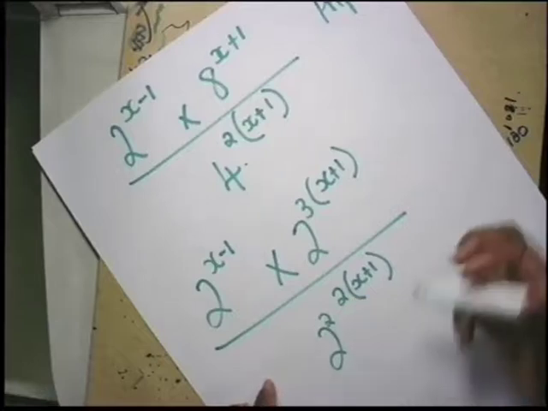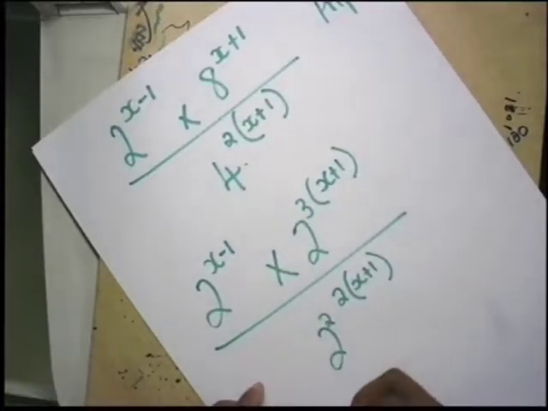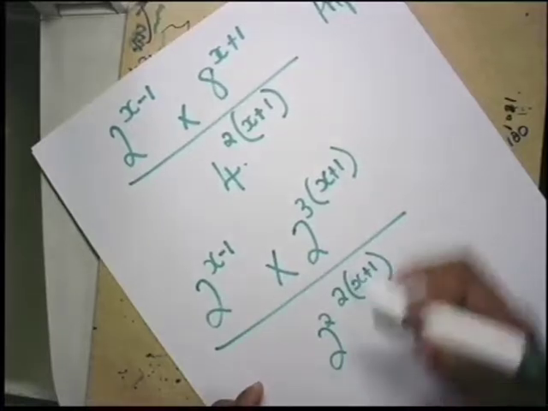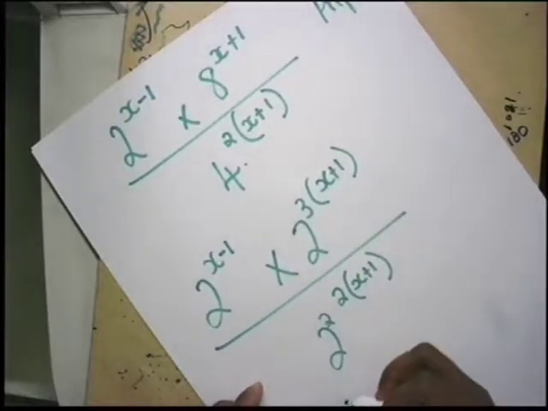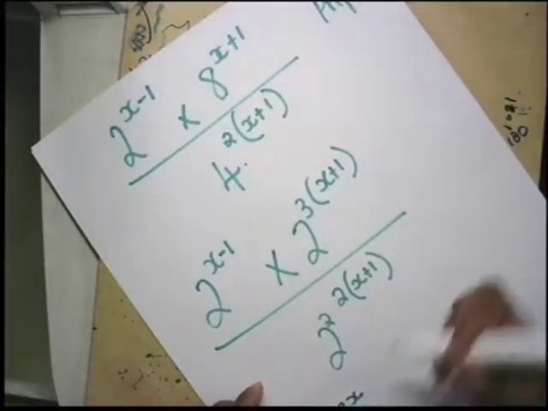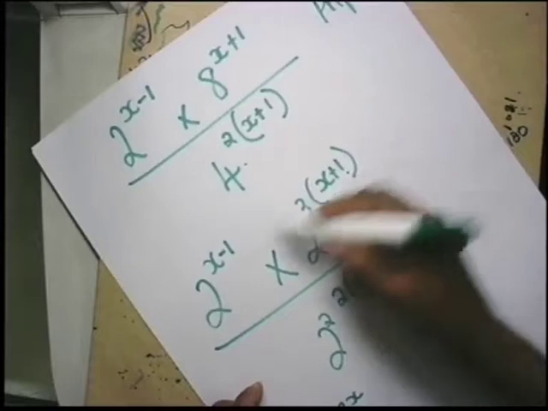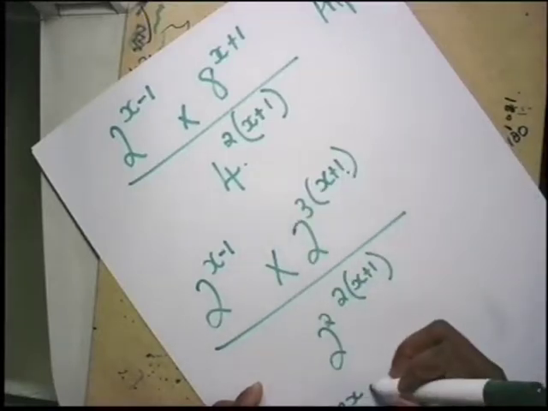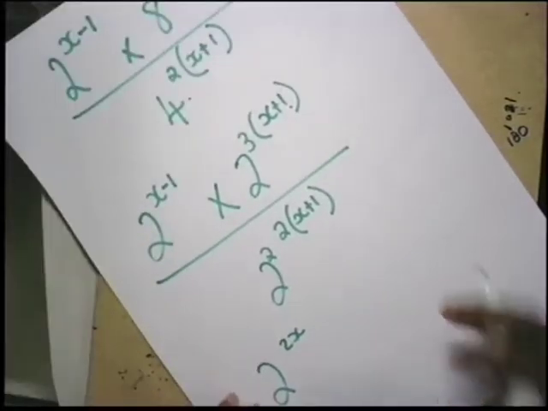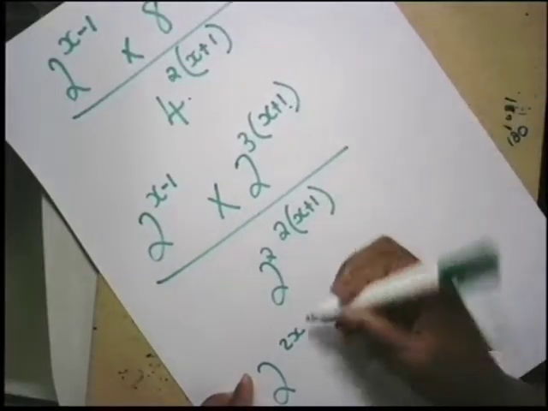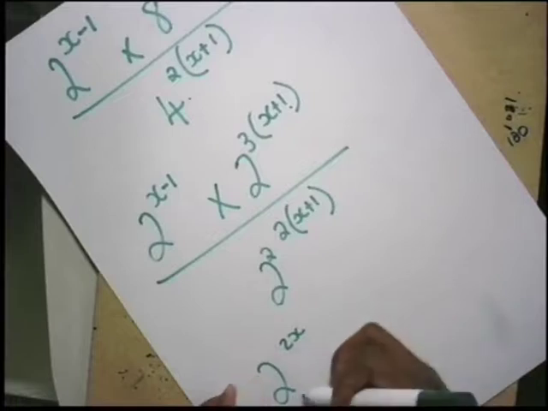So this is going to be 2, and then the power, x plus x, will give us 2x, and then minus 1 plus 1 will just give us 0, so this one is just going to be 2 power 2x.